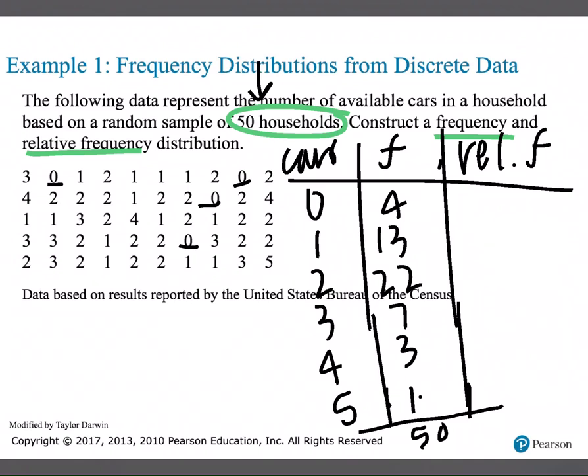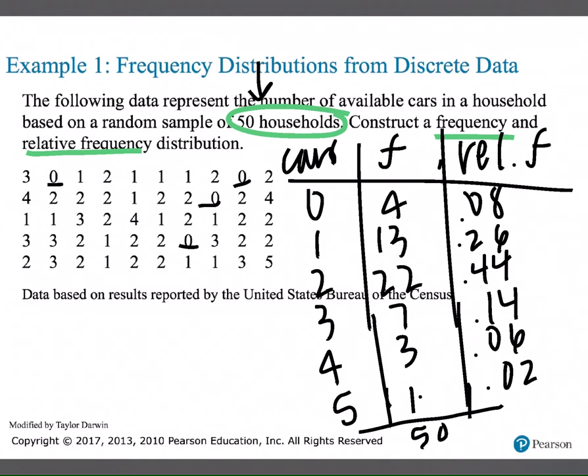So 4 divided by 50 is 0.08. 13 divided by 50 is 0.26. 22 divided by 50 is 0.44. 7 divided by 50 is 0.14. And so on, 0.06, 0.02. So that's our information. And if we add all these up, we should get 1. That's a whole. And so that lets us know that we did it correctly.